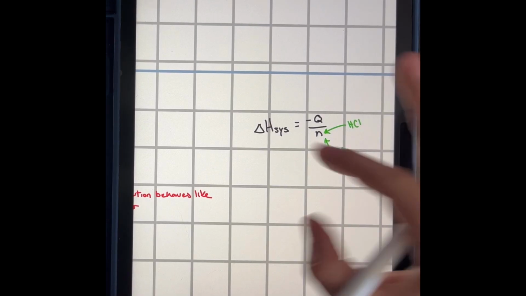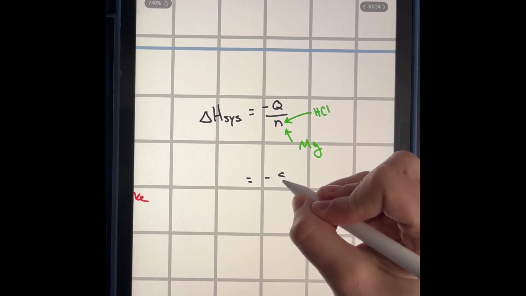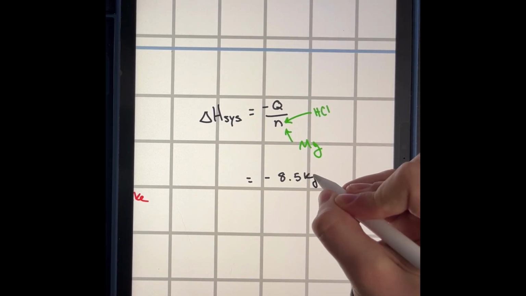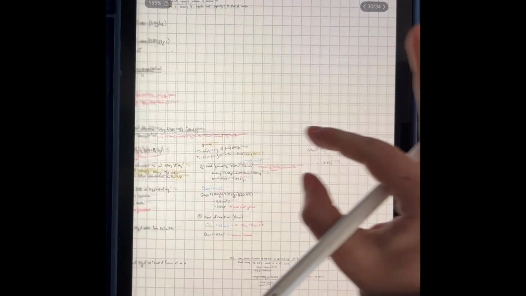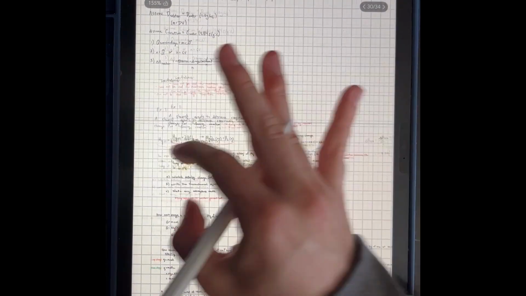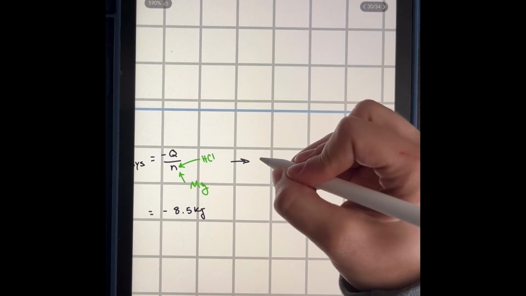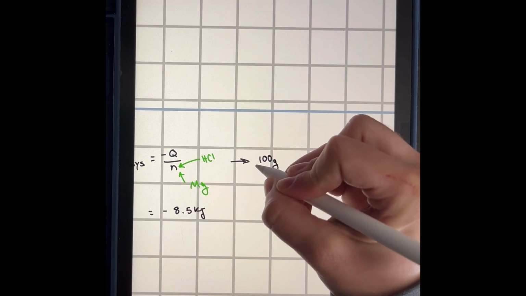So we have negative 8.5 kilojoules, and we want to find our limiting reagent, so let's do that first. For HCl, I'm given the equation too. We have 100 grams, and it's mass over molar mass.